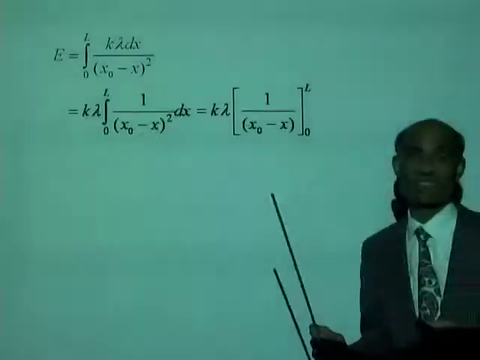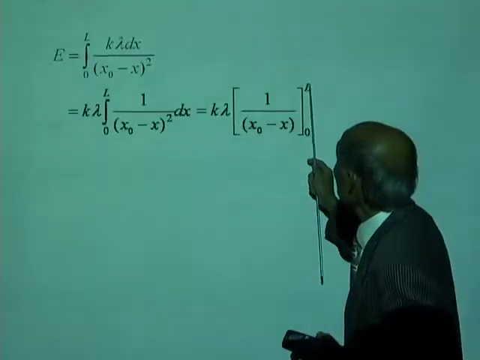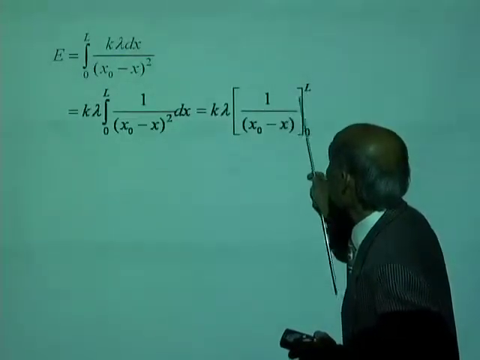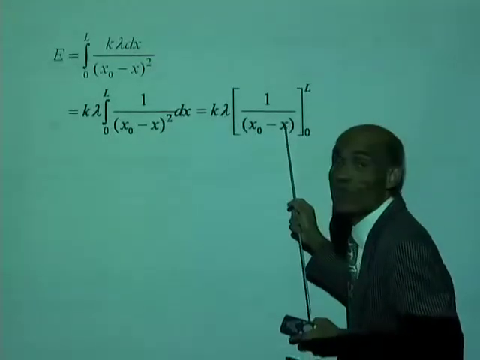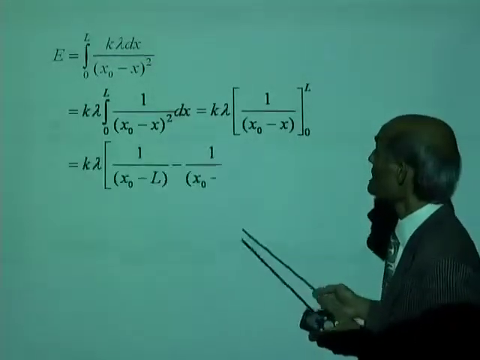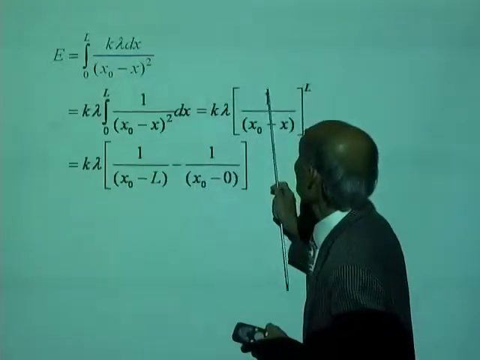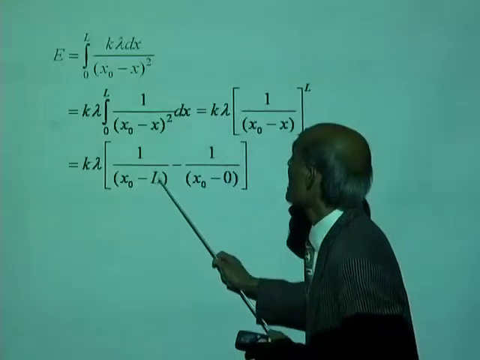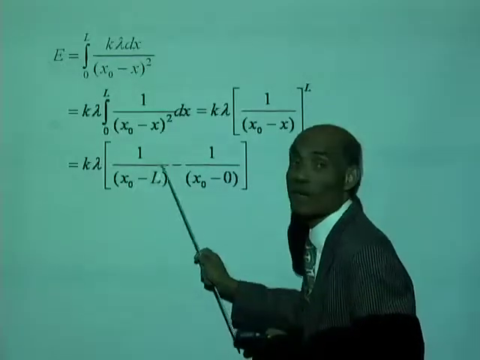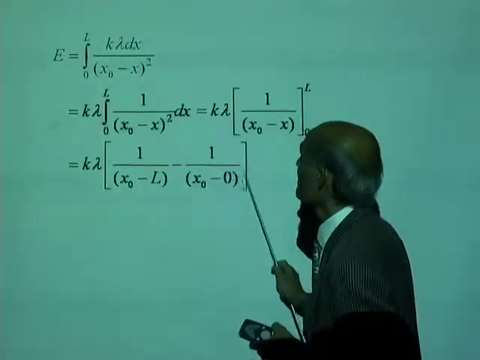x0 is a constant. Now we replace x by L, the upper limit, minus x replaced by the lower limit 0. So that will be k lambda times, using the upper limit, 1 over (x0 minus L), minus, put x equal to 0 for the lower limit.